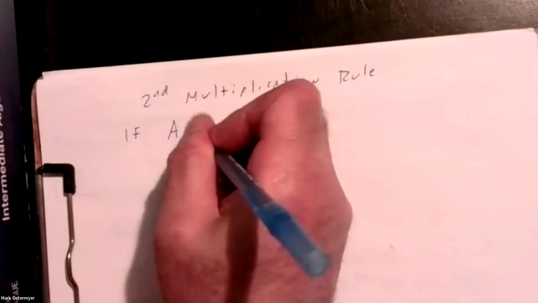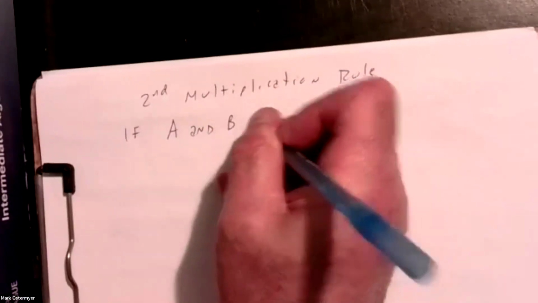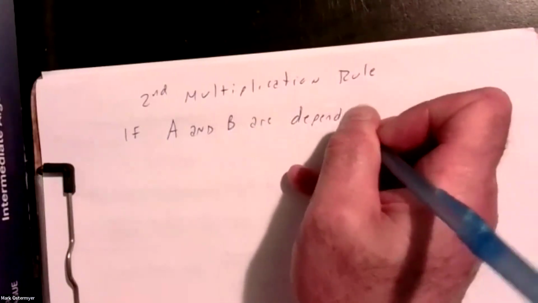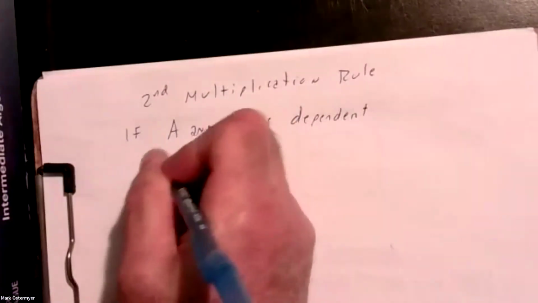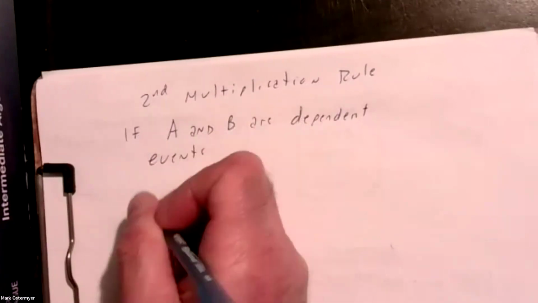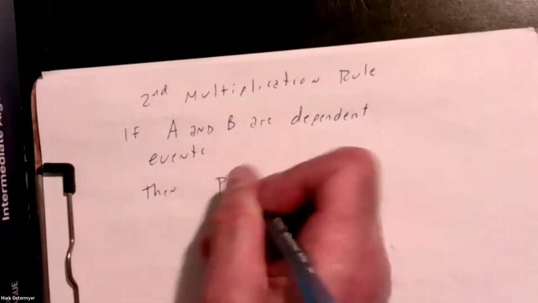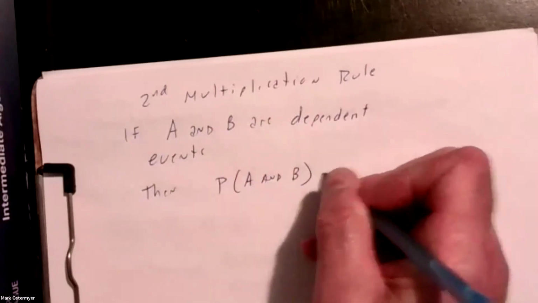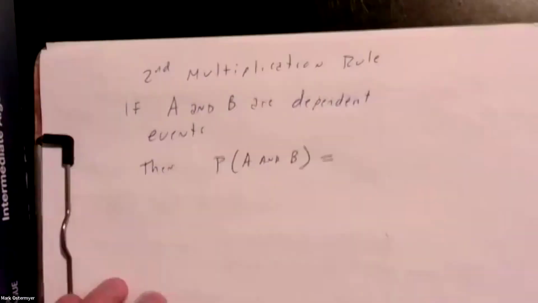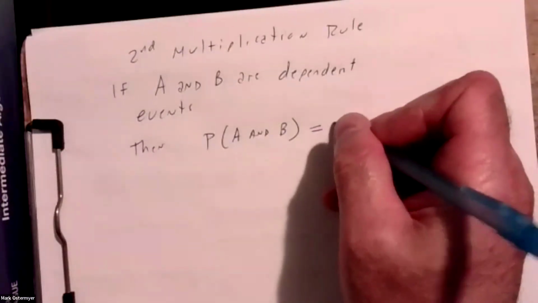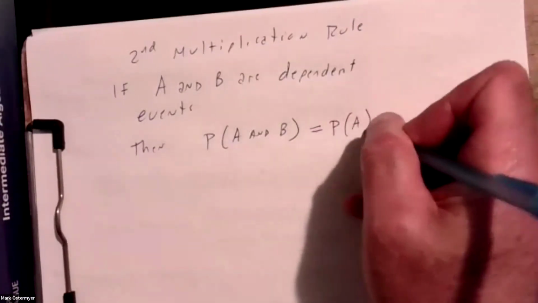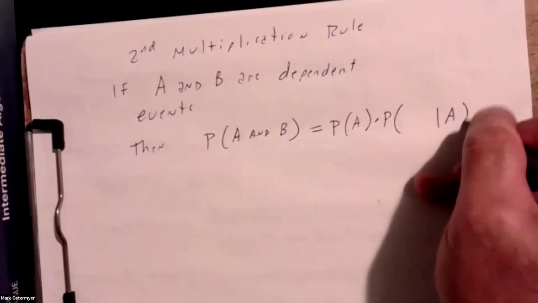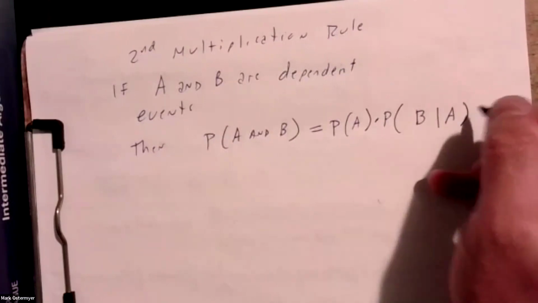If events A and B are dependent events, not independent, then the probability of A and B occurring at the same time or in succession is going to be equal to the probability event A has occurred times this conditional probability: given that event A has occurred, the probability then that event B will occur.